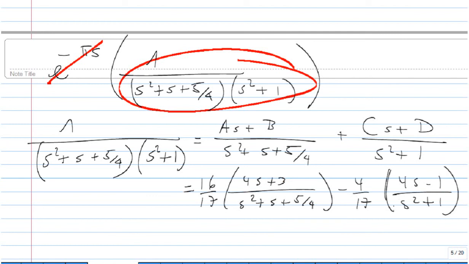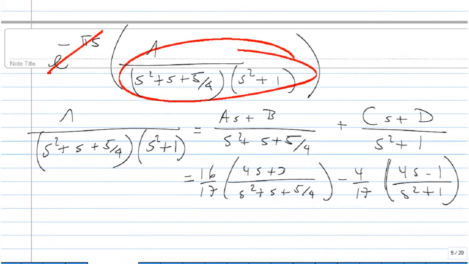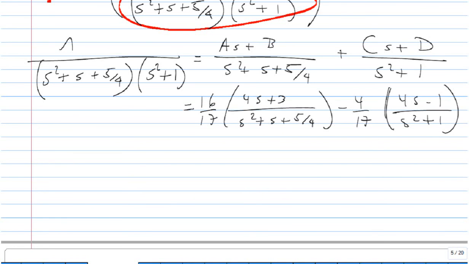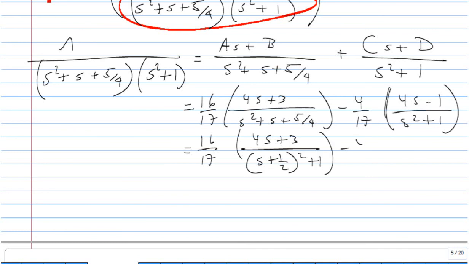Now the easy one to handle is the second one, the one that we have there, s minus 1 over s squared plus 1. But let's focus on the first one, so this is 16 over 17, 4s plus 3 over, again completing the square, plus 1, minus 4 over 17 times 4s minus 1 over s squared plus 1.